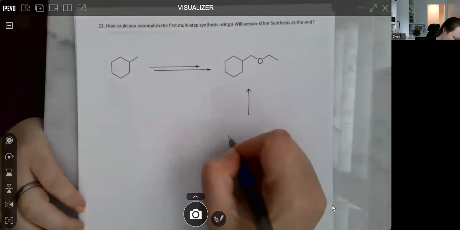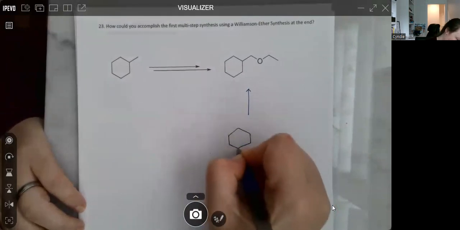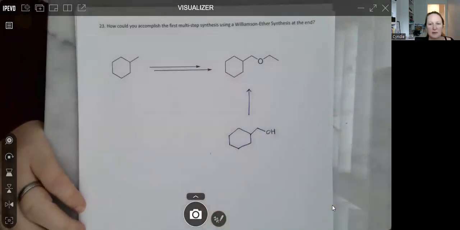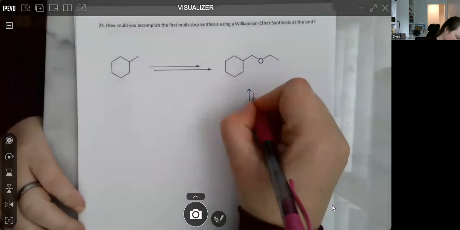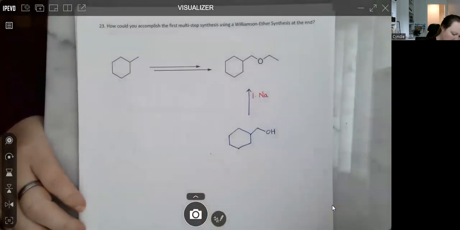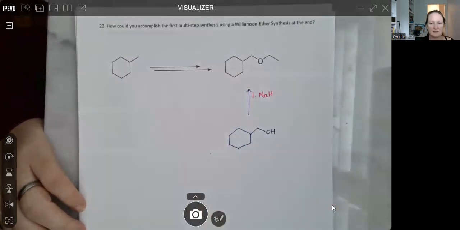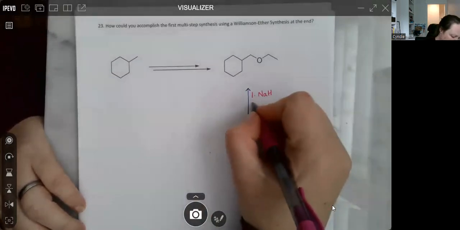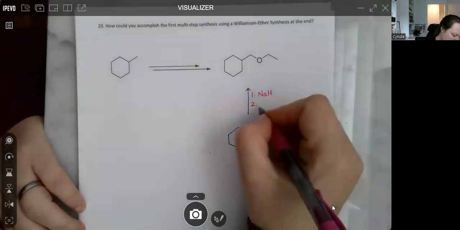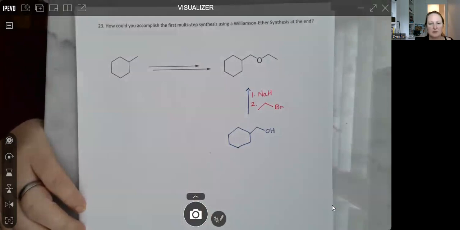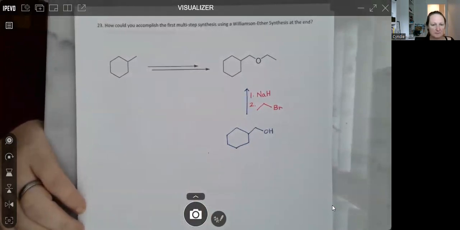So that means that I'm going to simplify this to an alcohol, this primary alcohol. And then I can add in the conditions to do the Williamson ether. Whenever you're using an alcohol, typically we use sodium hydride as the strong base. And then in this case, we would want to use ethyl bromide or iodide to introduce that ethyl group. So that's that Williamson ether synthesis.